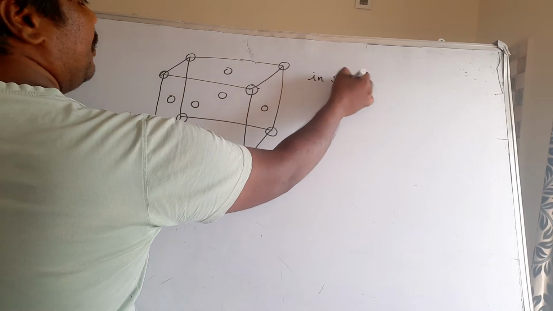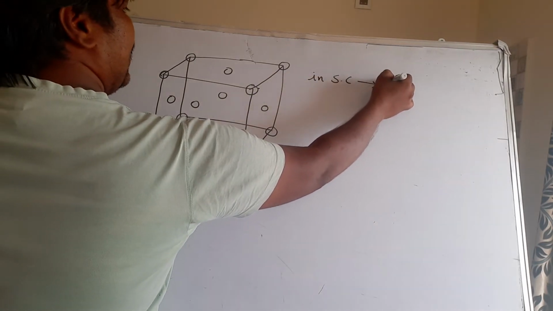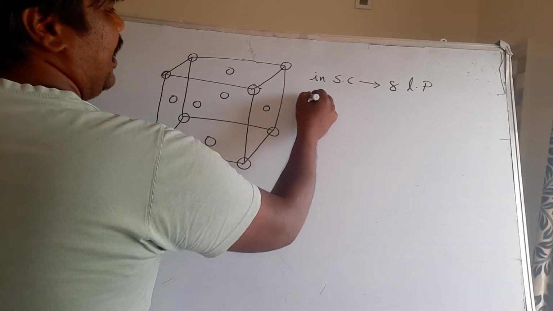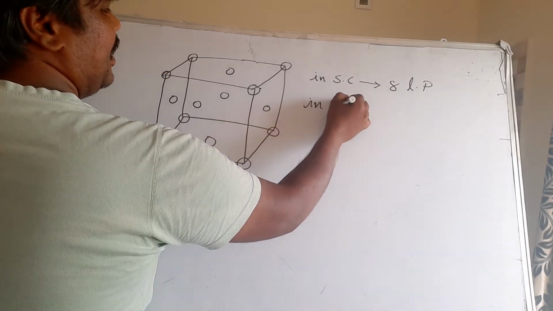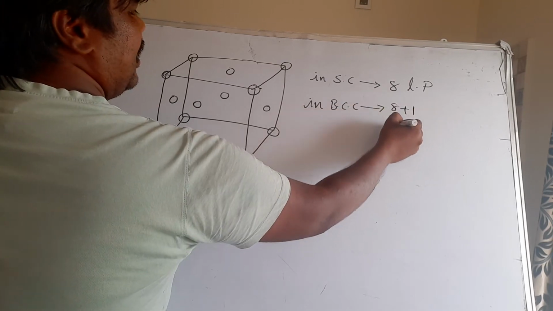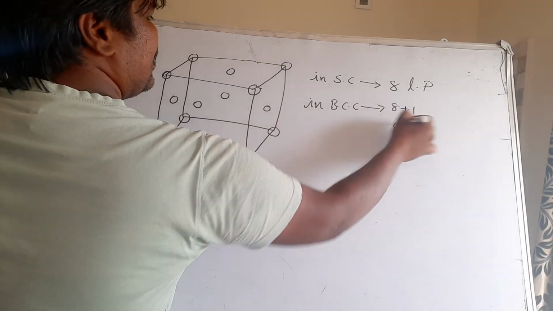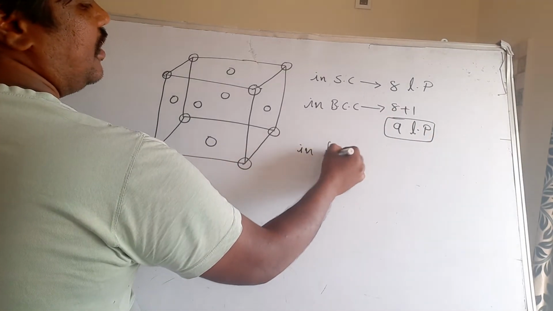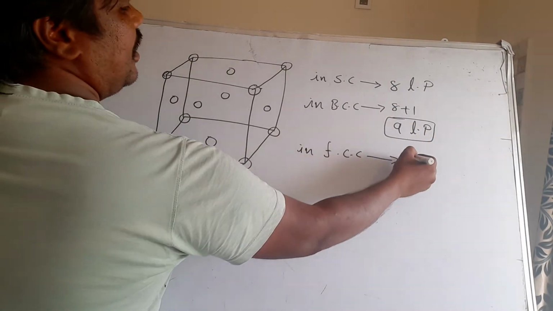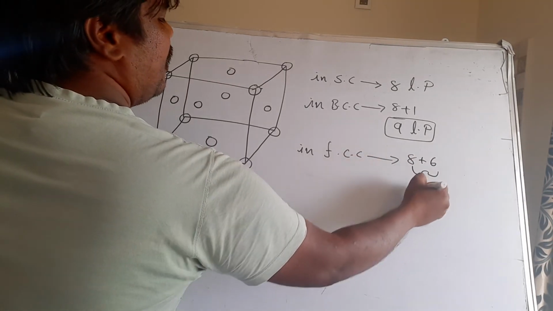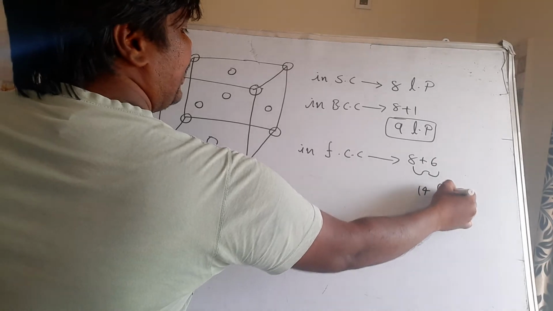In simple cube there are 8 lattice points. In BCC there are 8 plus 1, which is in body center, 9 lattice points. Whereas in FCC, there are 8 plus 6 face centers, 14 lattice points.